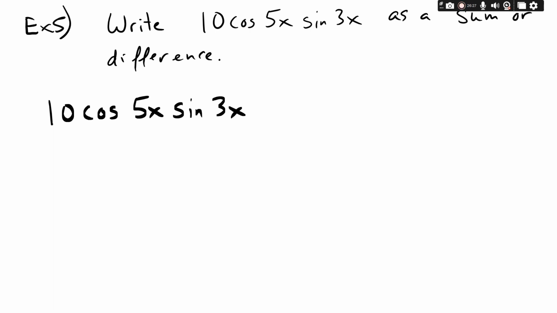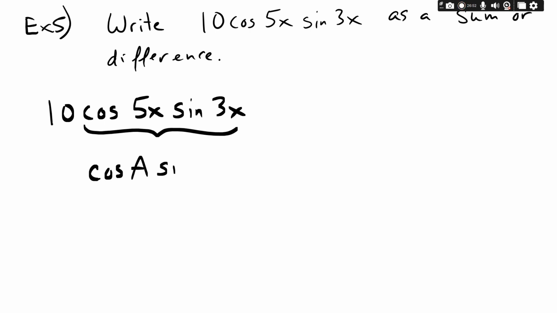I'm flipping through my page as well here. That's the second formula we had written down, right? Yeah, that's the second formula we wrote down. All right, but don't be too mindful about the 10. The 10 can just kind of sit there in front.